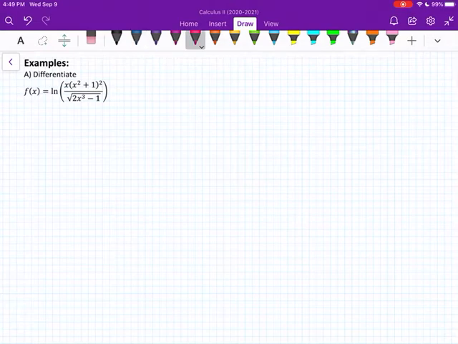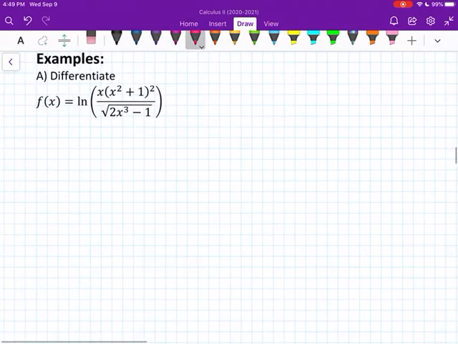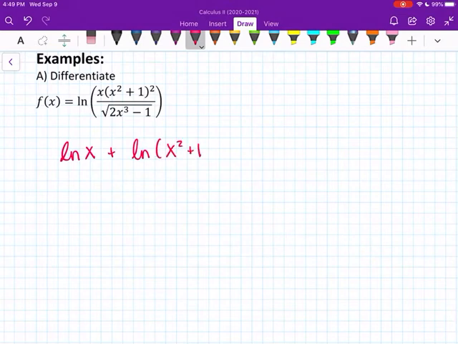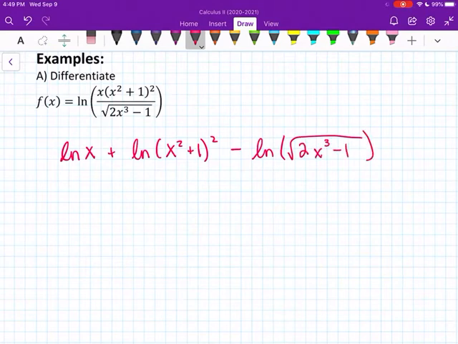Since I have a product in the numerator, the numerator is going to be the natural log of x plus the natural log of (x squared plus 1) squared. And then I subtract from that the denominator inside a natural log, so natural log of the square root of 2x cubed minus 1.